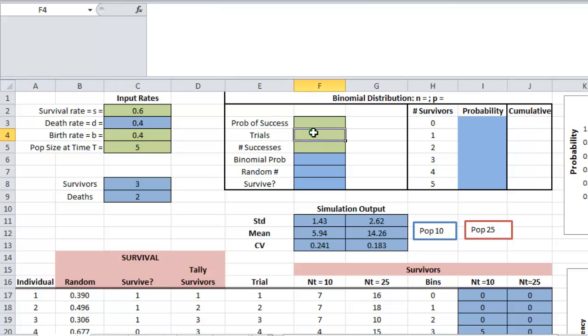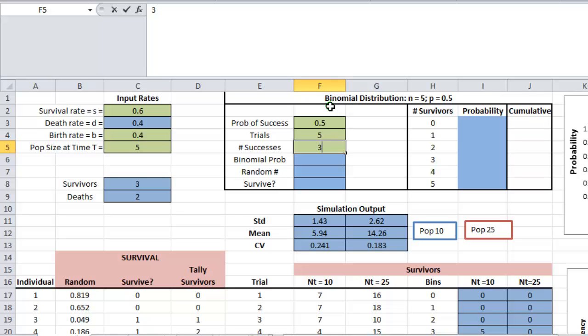So for example, if I flip a coin 5 times and the probability of a heads is 0.5, then I want to know what is the probability that I will flip my coin 5 times and end up with 3 heads.